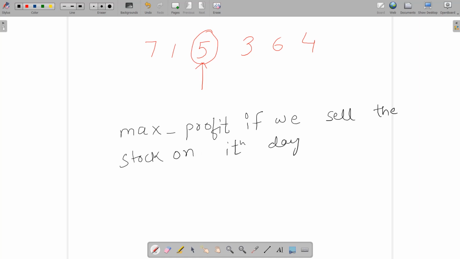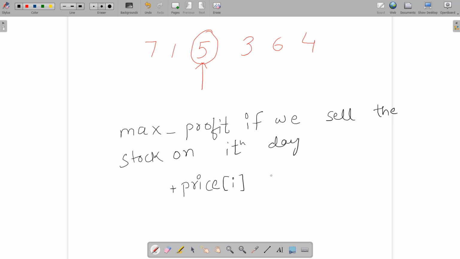What is the maximum profit we can have if we sell the stock on the ith day? If you sell the stock on the current day, you receive the value of price of i.